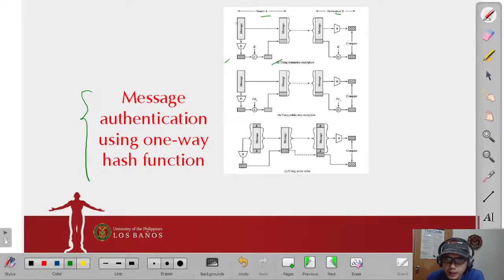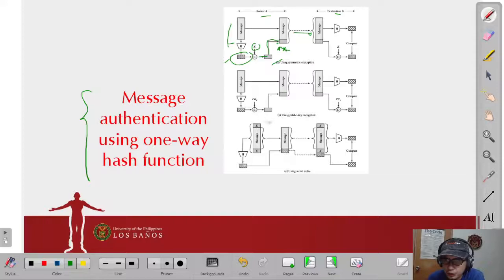The original message is passed to a hash function, and it will generate a fixed size block, and then it will be encrypted using a key, and the encrypted hash will be used as the MAC and transmitted to the destination.